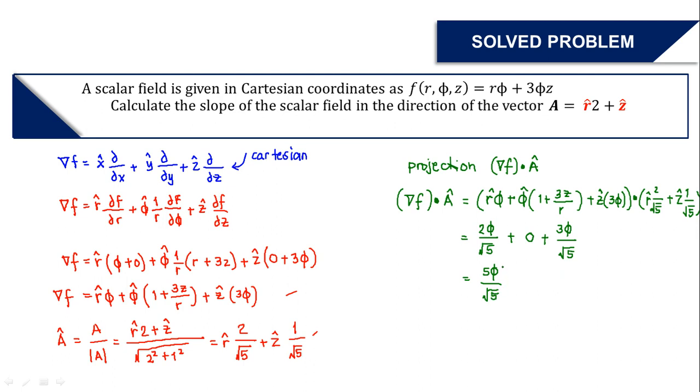And rationalizing this, it will now become equal din yan sa square root of 5 times phi. Yan. So, yung projection or the slope of our scalar function in the direction of A is equal to square root of 5 phi.